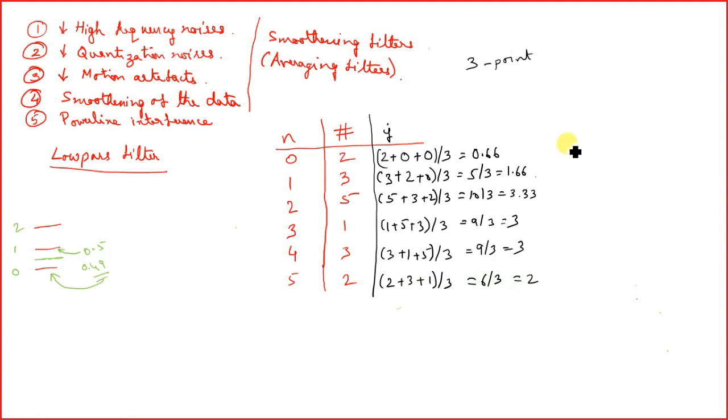Right? So we have got this thing. So this is what we do in moving averaging systems. Now basically what we have done over here, if you see, is that I have calculated y of n using this formula: x of n plus x of n minus 1 plus x of n minus 2.